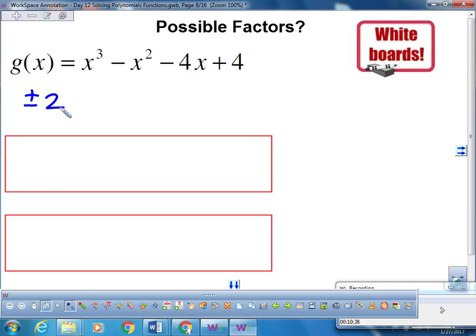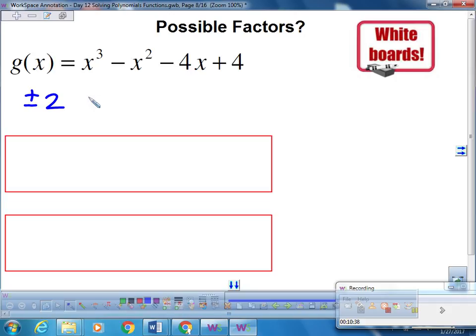You could try positive 2, you could try negative 2. What else could you try? You could try positive or negative 4. What else could you try? Positive or negative 1.